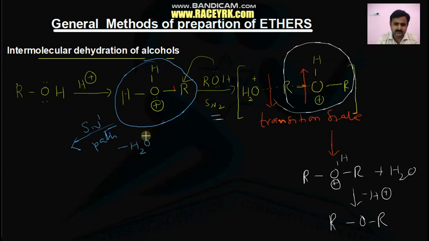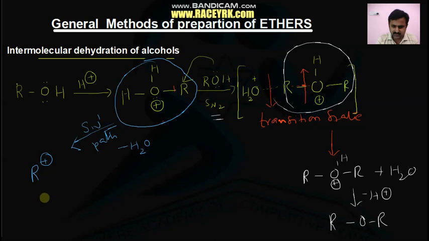Removal of water takes place and a carbocation, that is R plus, is formed, which may be a secondary or tertiary carbocation. This carbocation formation takes place slowly, and after that it gets attacked by another alcohol molecule.